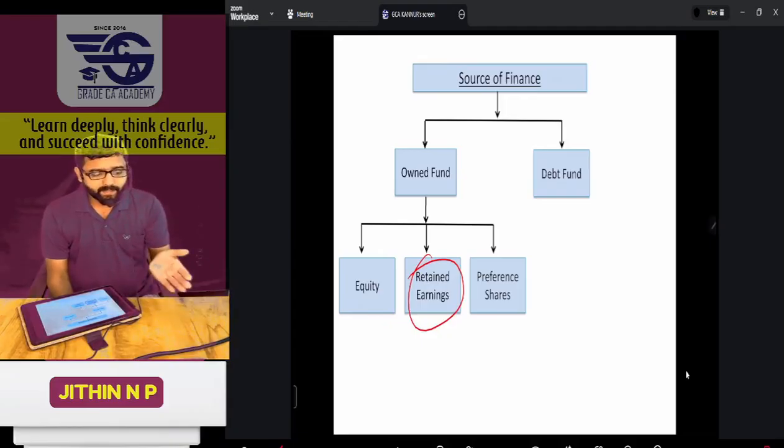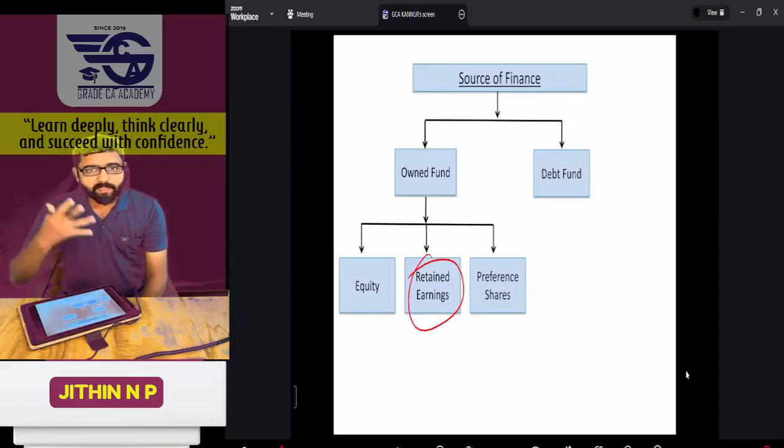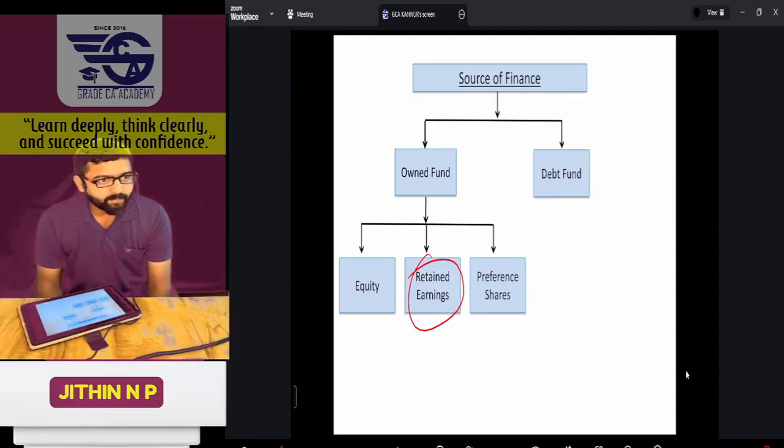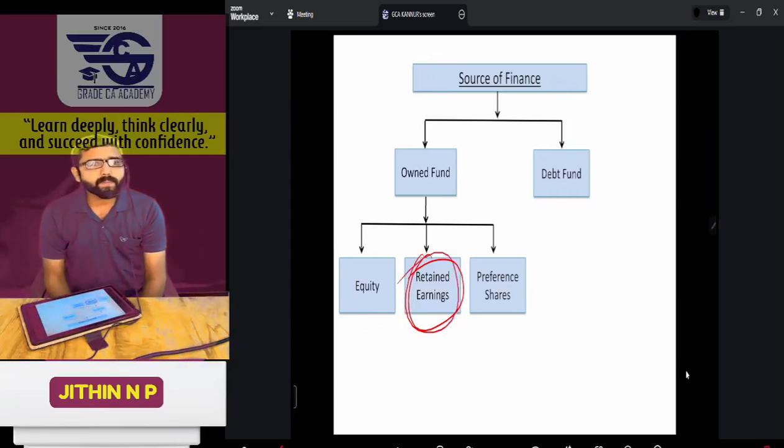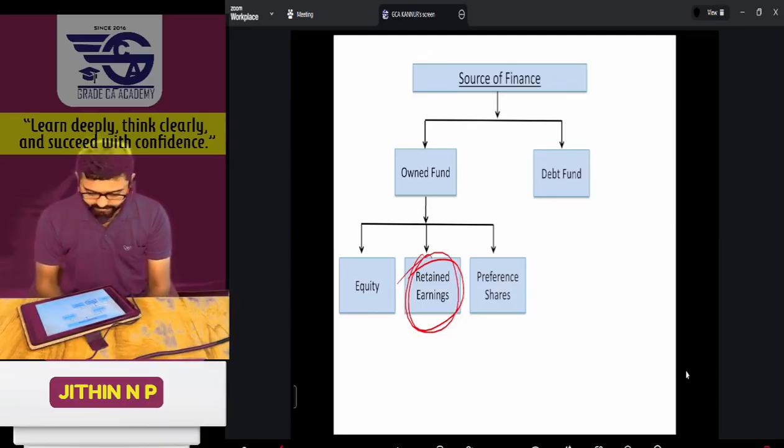The company sets aside a part of profit to retained earnings or reserves. If the company utilizes this reserve for their new investment, then it is called retained earnings. So retained earnings is also one source of finance.